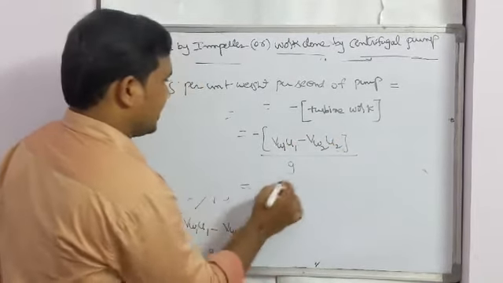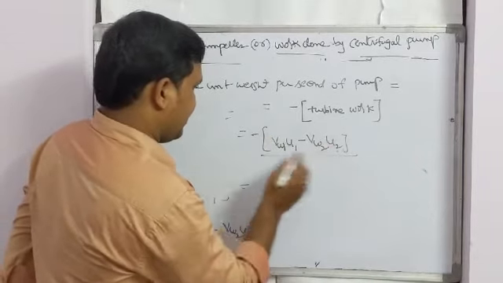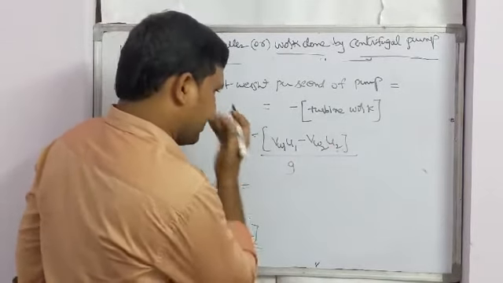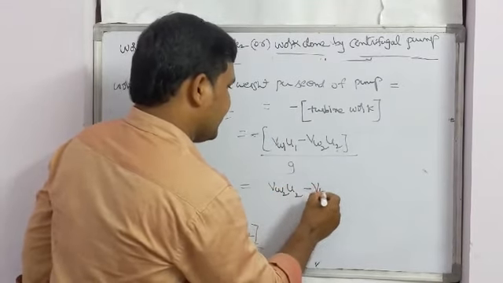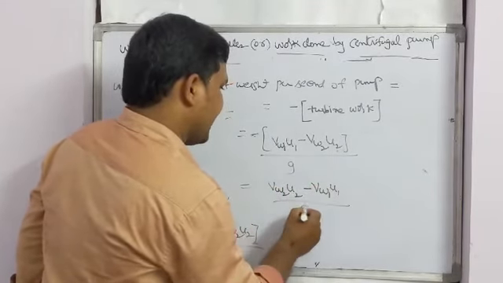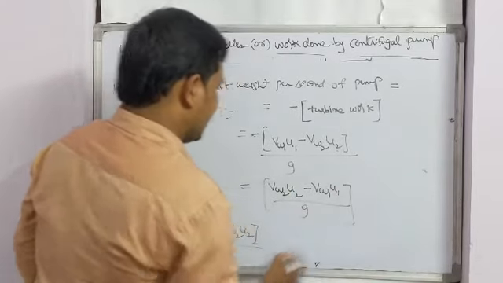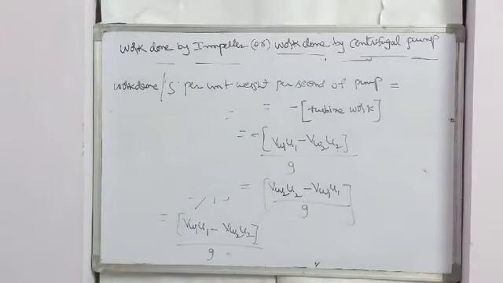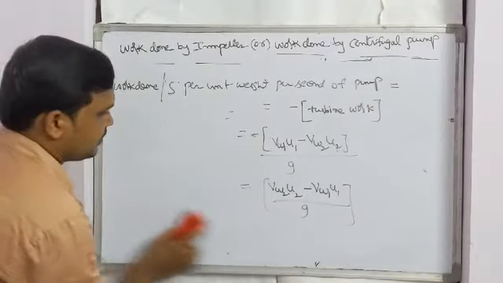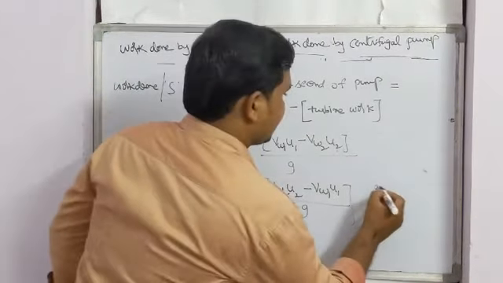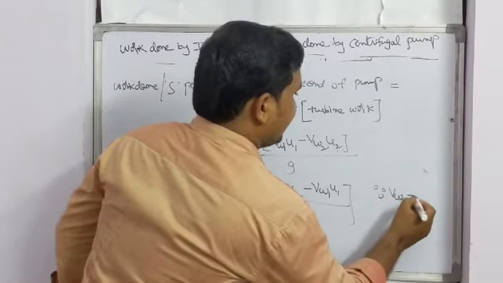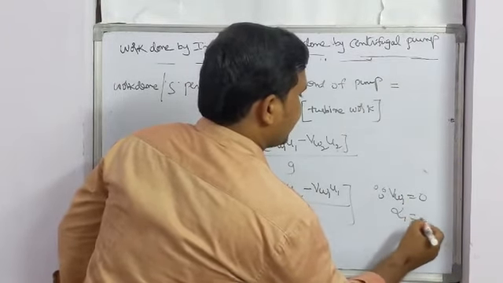So I am transferring the minus inside the bracket. Then we can write (VW2 U2 minus VW1 U1) divided by g. According to the velocity triangle, VW1 will be 0 because alpha 1 is 90 degrees.